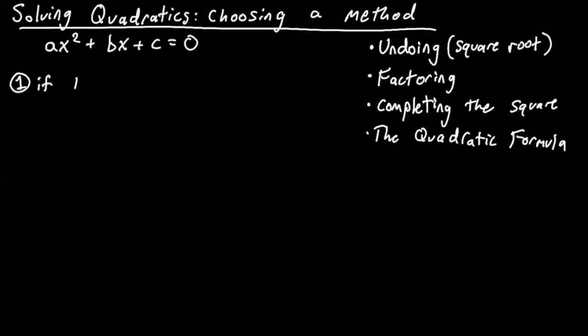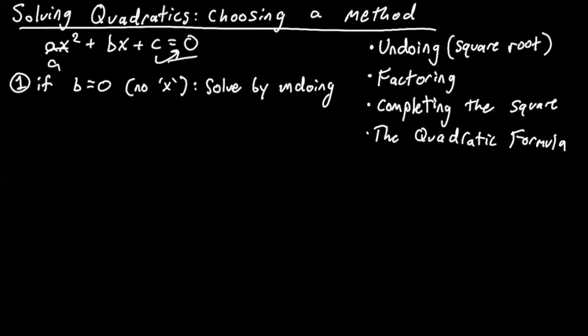If there's no b value, so if b equals 0, in other words, there's no x in the equation, then we can solve by undoing. So we can move the c value over to the other side and then divide by a and then take the square root of both sides. So if b is 0, we can solve by undoing.